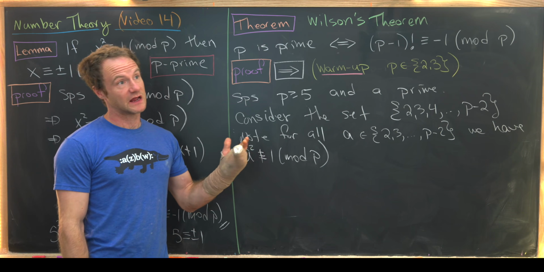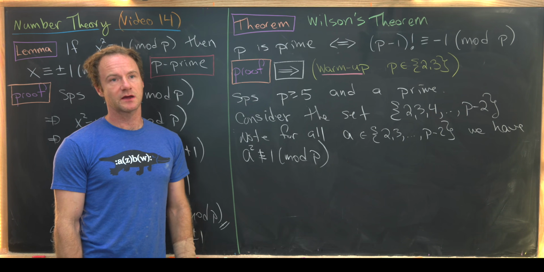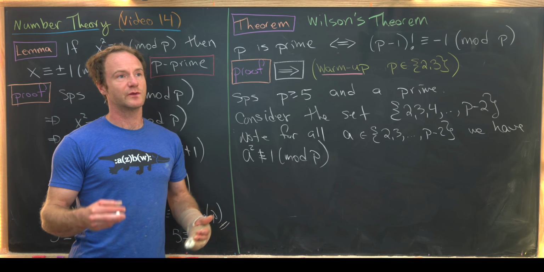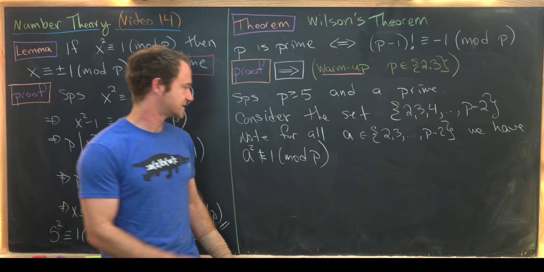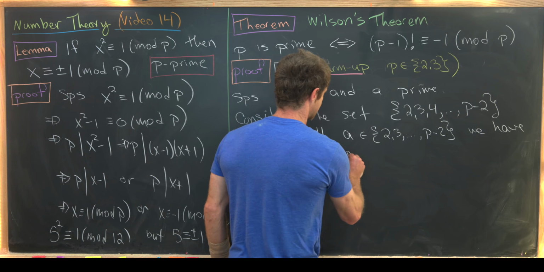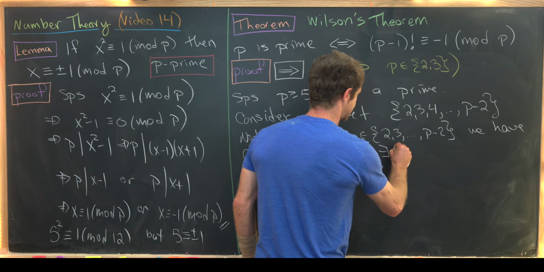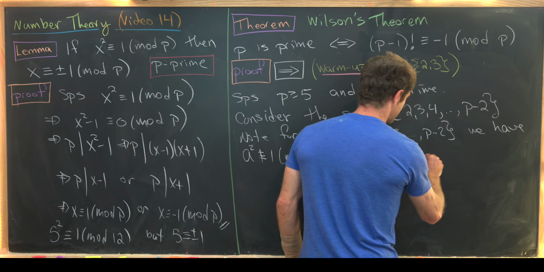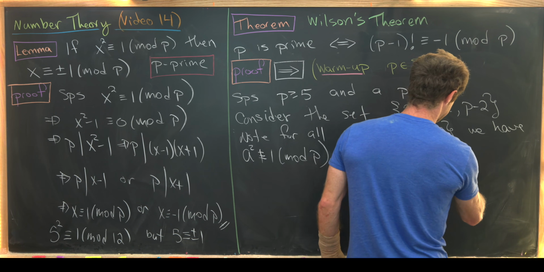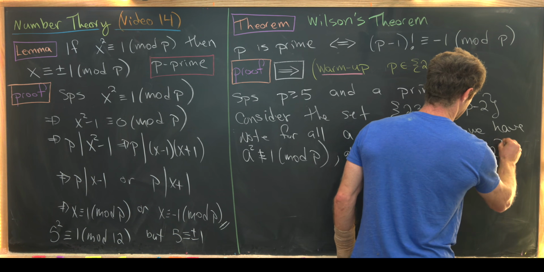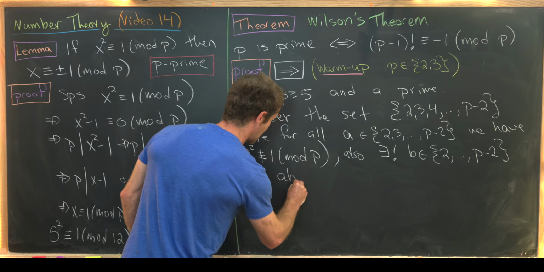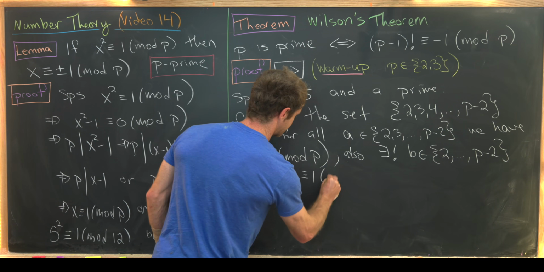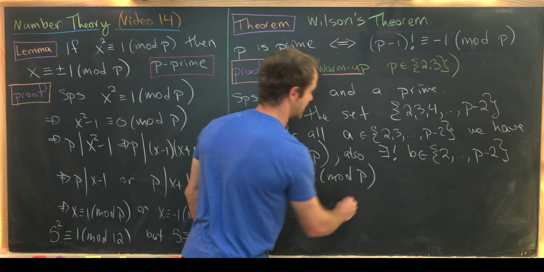So we know that inverses mod p are unique by something that we did earlier involving solving linear congruences. That tells us that there exists a unique element b from the same set such that a times b is congruent to 1 mod p.